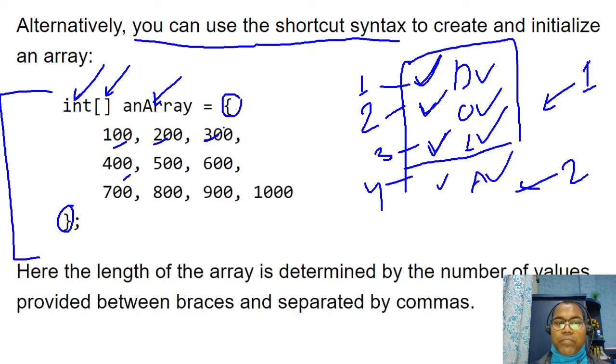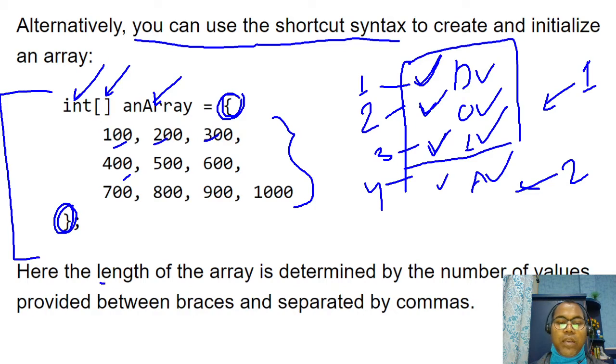So this is the declaration, and this keyword is starting, and this bracket specifies all the initialized values. Whenever you do it this way, you don't mention the size. The length of the array is automatically calculated by the number of values.